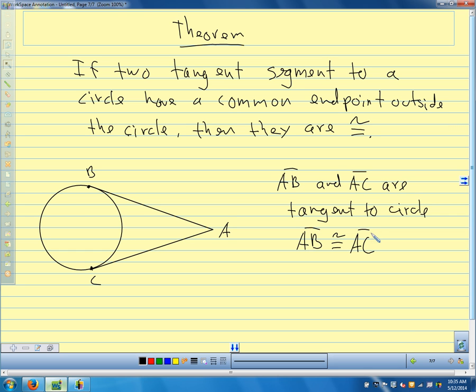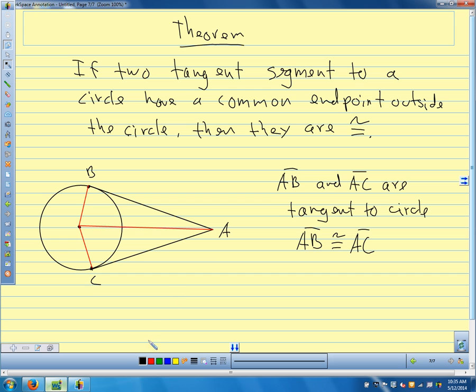All right, and let me sketch out really quickly how we could go about proving this. We're going to draw in a radius there, and a radius there, and divide this into two triangles.